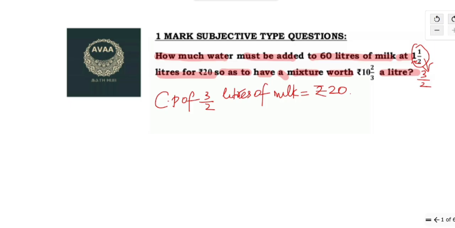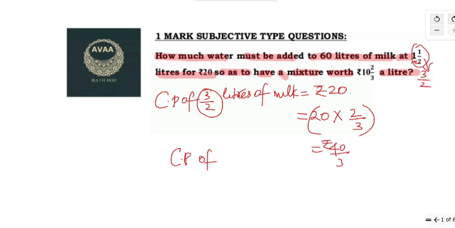So the cost of 1 liter of milk would be, dividing on the other side, that 3/2 will be flipped as 2/3. That gives us 40/3 rupees. So the cost price of 1 liter of milk is rupees 40/3.